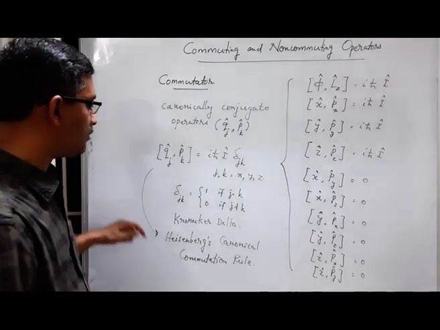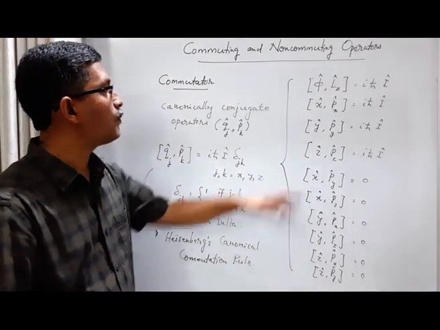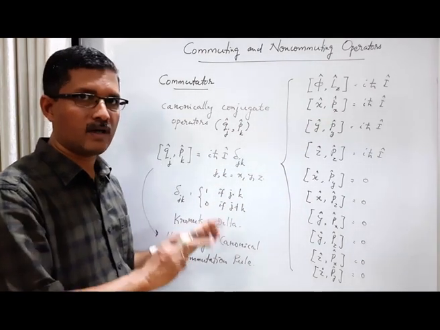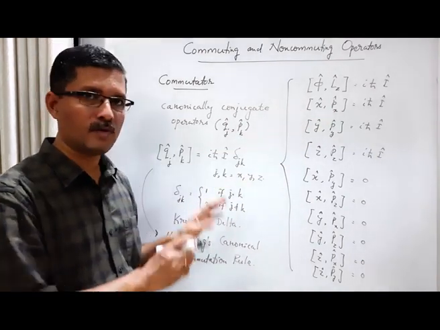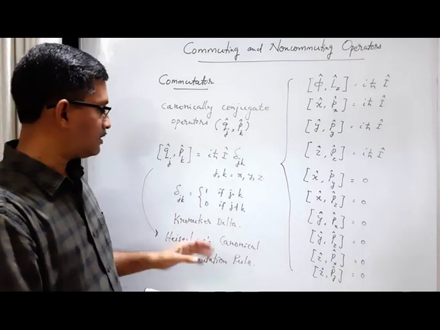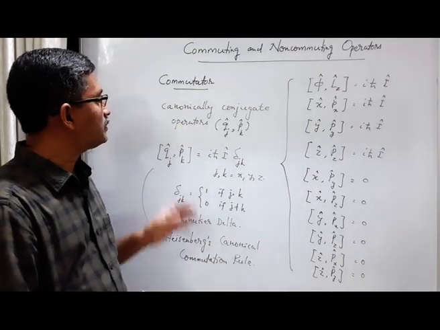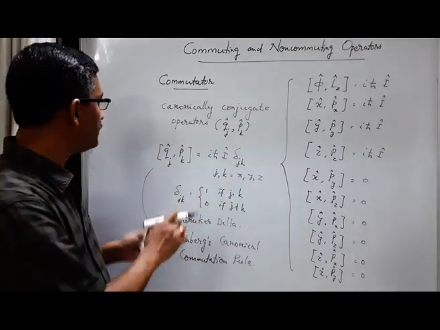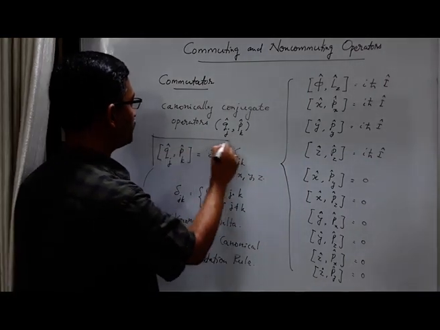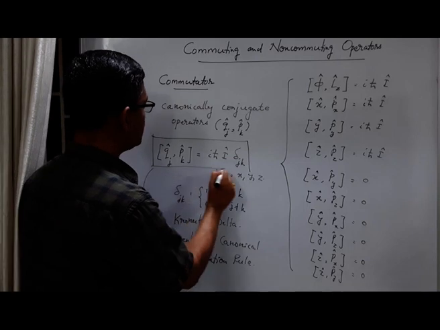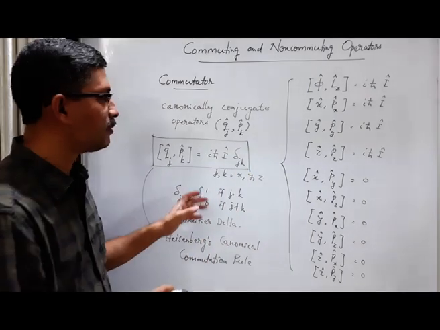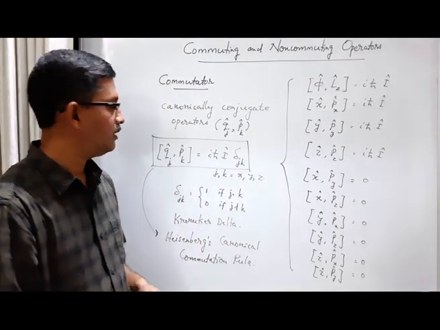Heisenberg's commutation rule for position and linear momentum is only one case of this canonical commutation rule. So any pair of canonically conjugate operators satisfy this Heisenberg's commutation rule. This is a general idea, a very fundamental idea in quantum mechanics.